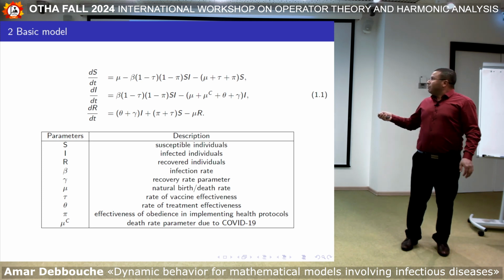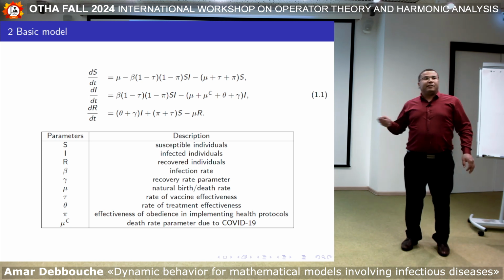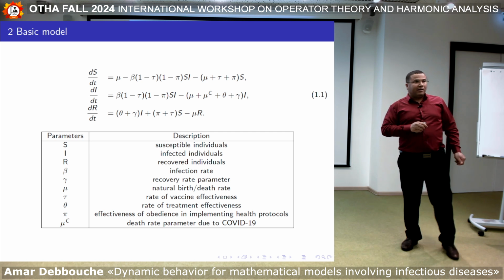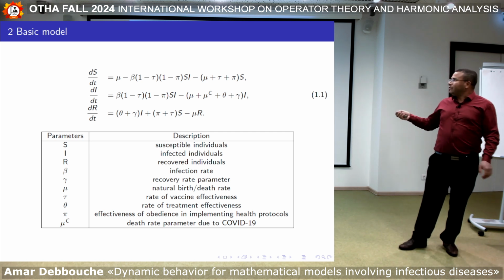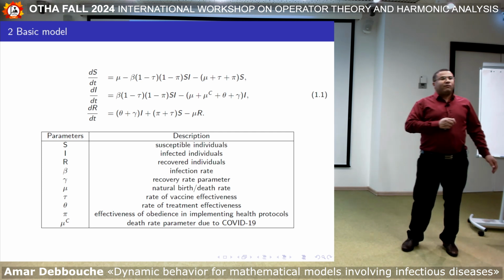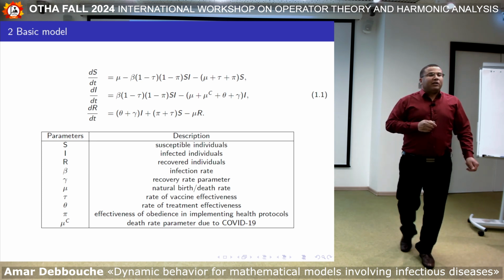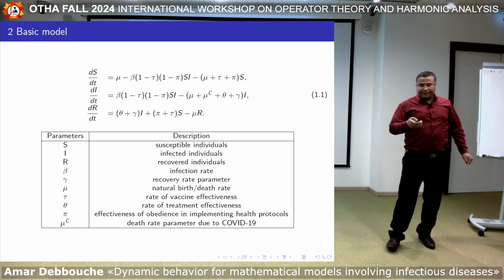And the other parameters are described in this table, as you see. So this is the general model for infectious disease.